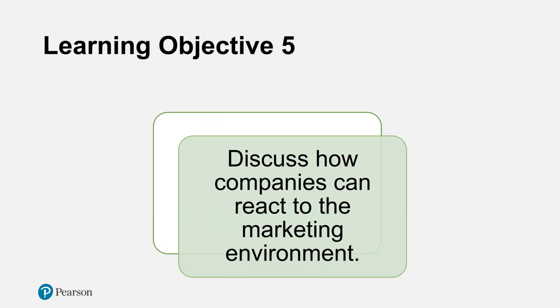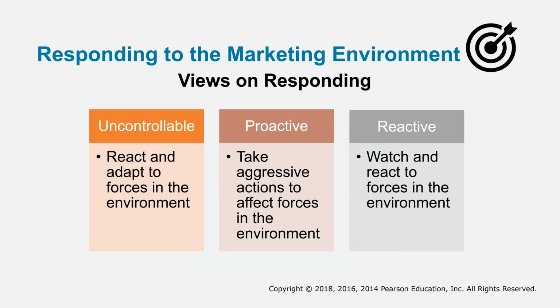Before we do a deep dive into each one of those sections, I'd like to discuss how companies react to marketing environments. There are three ways, and this is a really key topic, and you'll have scenario-based questions in the exams and in the quizzes. So really take a moment to read and understand how this all works.